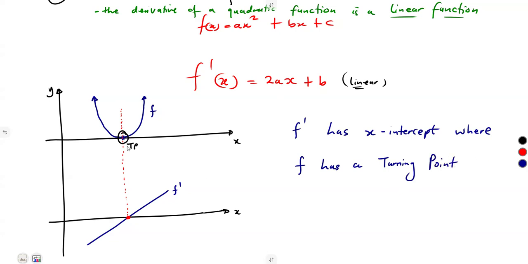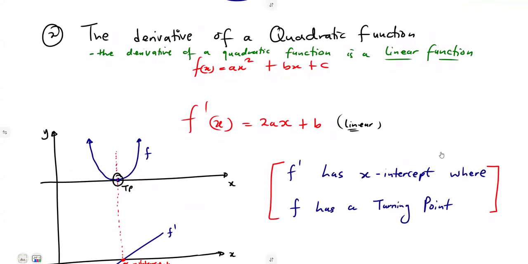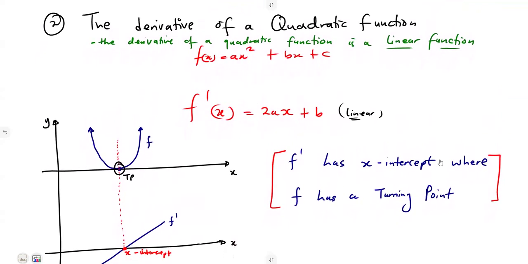Where we have a turning point, the value of x is the same as here. So this is our x-intercept for the first derivative. This is very, very important for you to note, from our quadratic function. These are the properties that you're going to have. The first derivative has an x-intercept where f has a turning point.